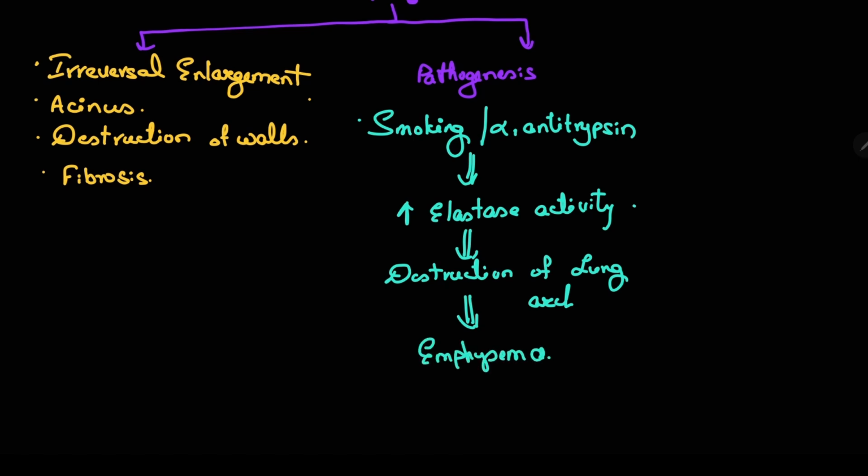So a person came to you with a history of smoking and you get to know that he may be having a deficiency of alpha-1 antitrypsin. Okay, so because of these two conditions, the elastase activity increases, which leads to the destruction of the lung architecture, which is called emphysema.